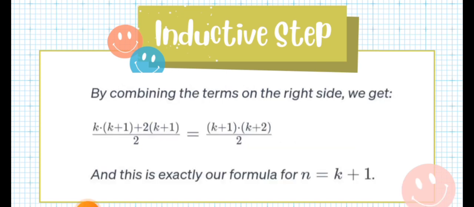By simplifying it, as you can see here, and combining the terms on the right side, we get k times the quantity of k plus 1 plus 2 times the quantity of k plus 1 over 2, which is equal to k plus 1 times k plus 2 over 2. This is exactly our formula for n equals k plus 1. So the statement holds true. So k plus 1 holds true.